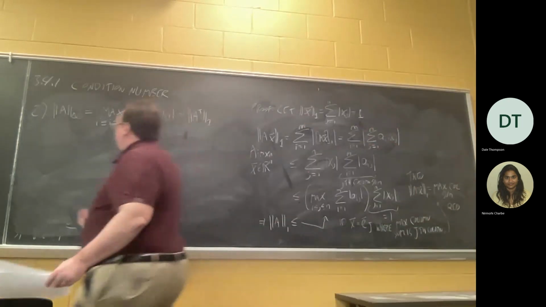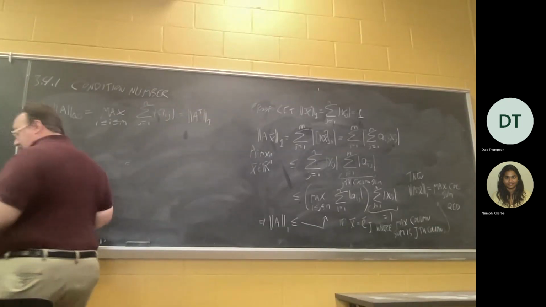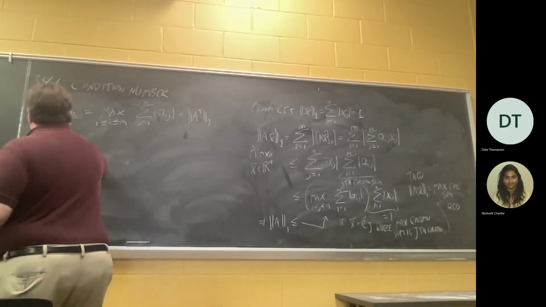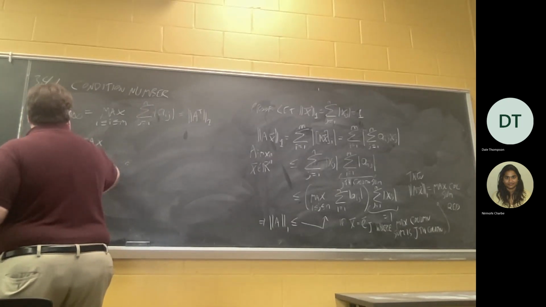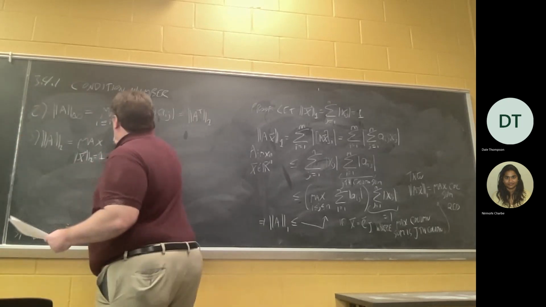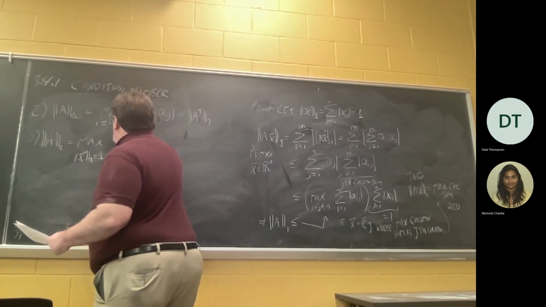Two norm, not so simple. So if I consider the definition, it would give me a maximum over all unit vectors in the two norm sense of the two norm of AX.